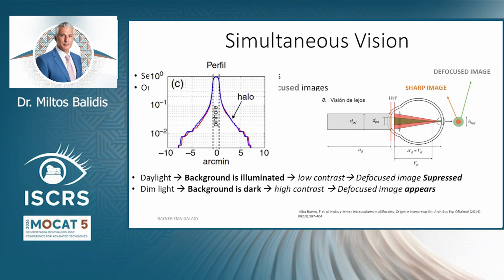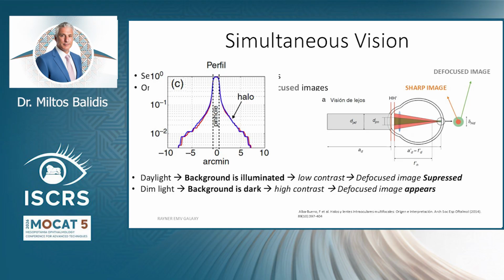All 3 images go back to the fovea. Now, the brain cannot select very clearly, but if the surrounding is highly illuminated, if the background is highly illuminated, then the defocused image is suppressed.